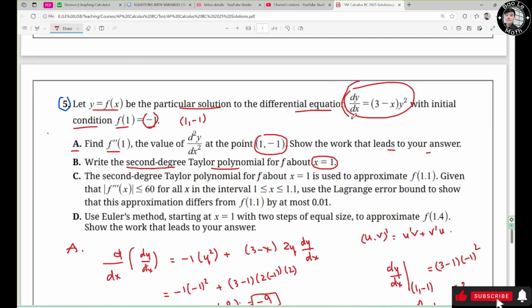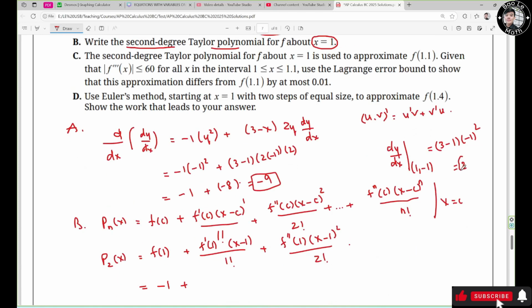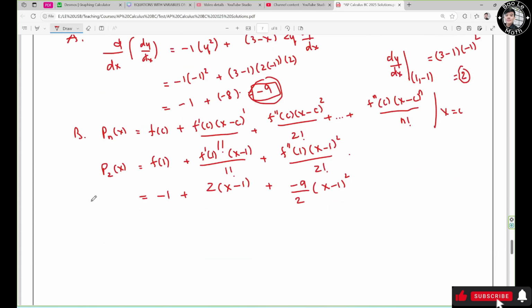We substitute s equals 1, y equals negative 1 into the differential equation, and we got 2 times s minus 1 over 1 factorial. Plus f double prime of 1, which we got earlier equals negative 9, so it's negative 9 over 2 factorial times s minus 1 squared. And this is the answer.